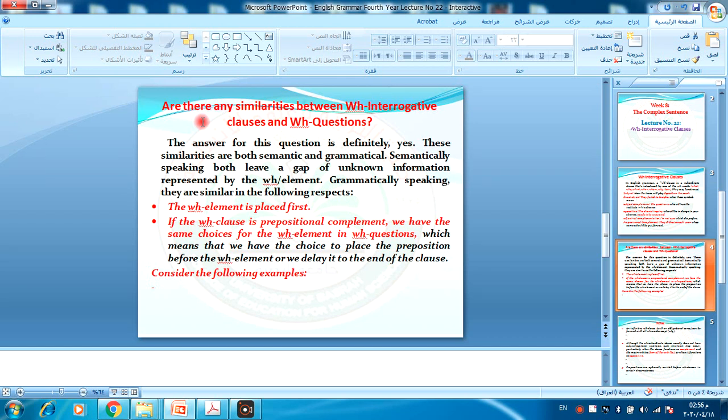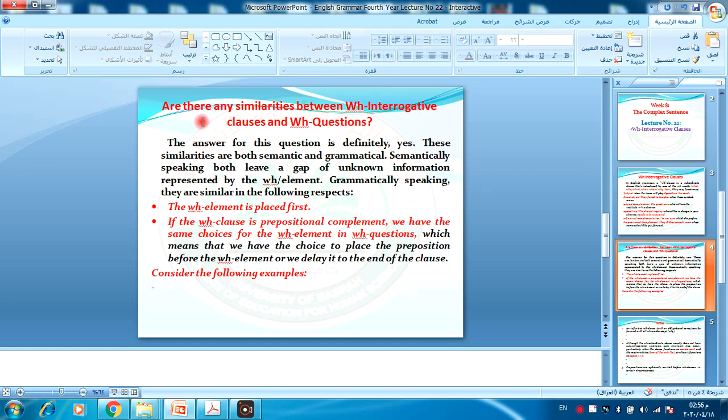These similarities are both semantic and grammatical. So we have some similarities on the semantic level and other similarities on the grammatical level. So on the semantic level, both of them, the WH interrogative clauses and the WH questions, have a gap of unknown information, which is represented by the WH element.